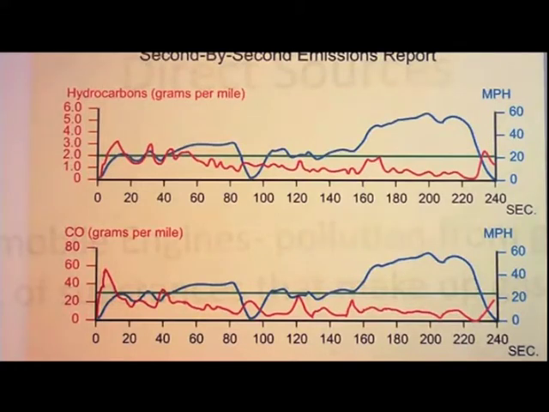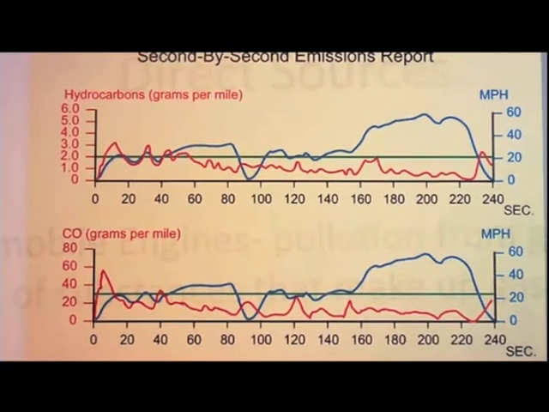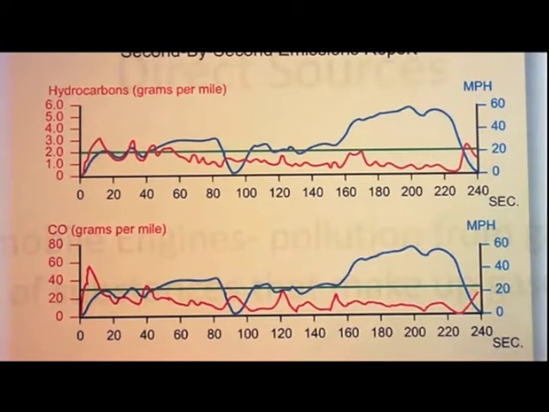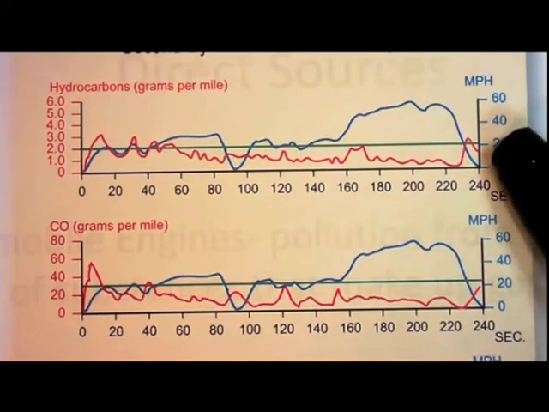And it's volatile because if you've ever pumped gas and spilled a little bit on the ground or around your car, you recognize that it evaporates very, very quickly. So that's why it's called volatile. In this emissions report, you can see they're checking somebody's car to see whether their volatile organic compounds, or in this case hydrocarbons, fall below what's considered a safe limit, which is where the green line is.